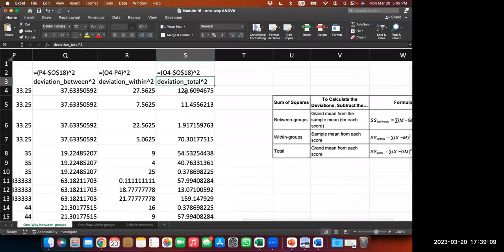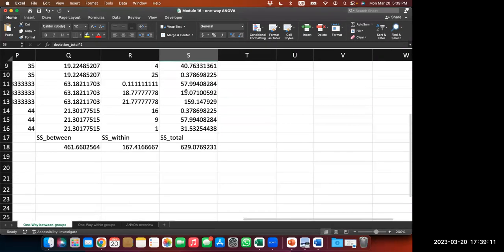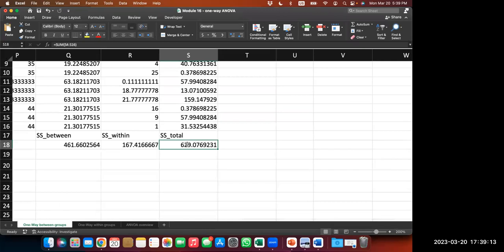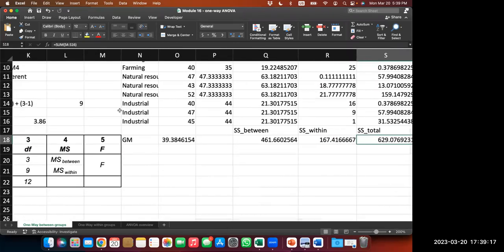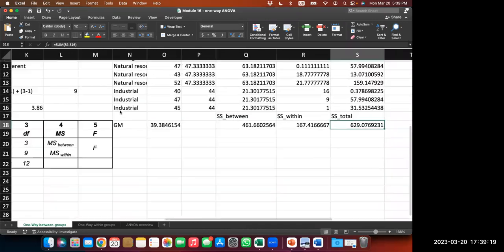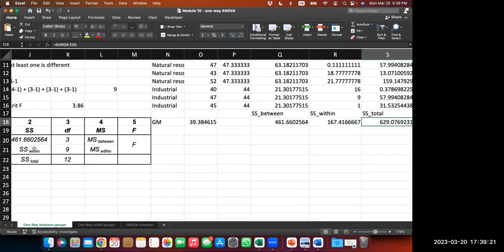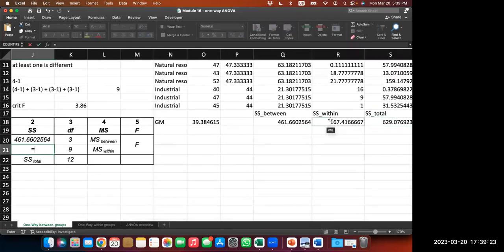That gives us these deviations squared. The sum of these gives us the sum of squares total. So all you need to do is then essentially direct the sum of squares within to the respective cells. And the rest is simple, right?